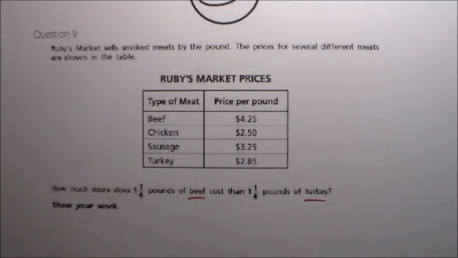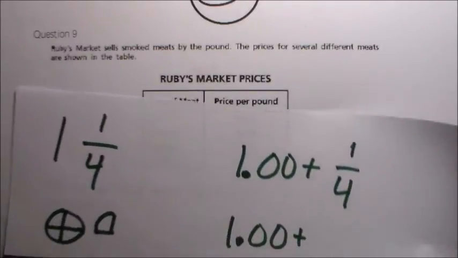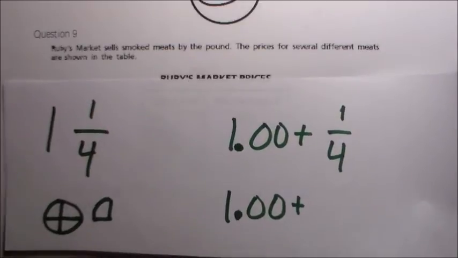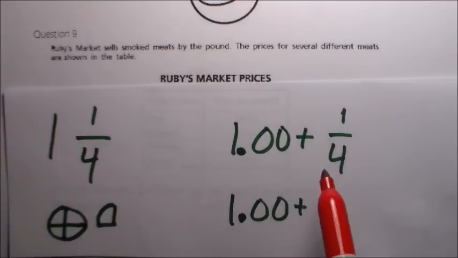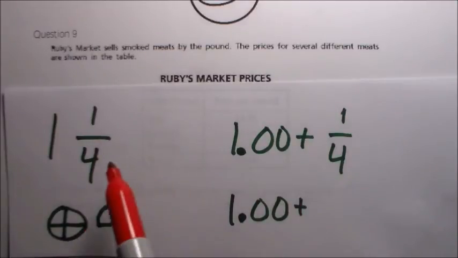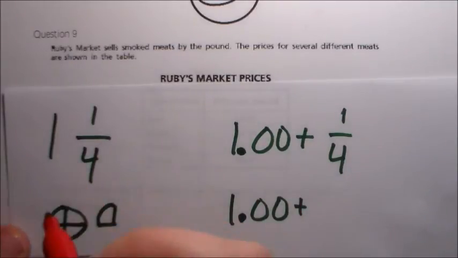Okay, so first, let's just review how to think about 1 1/4. How are we to conceive of this? We can think of it as 1 plus 1/4. And if you do it that way, you think of it as how many quarters?